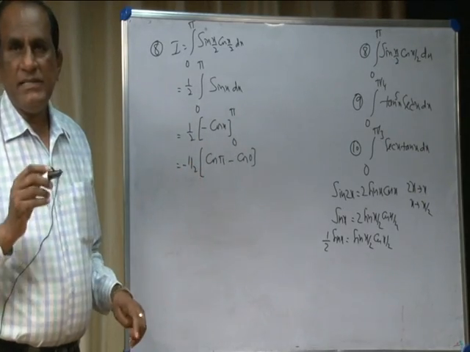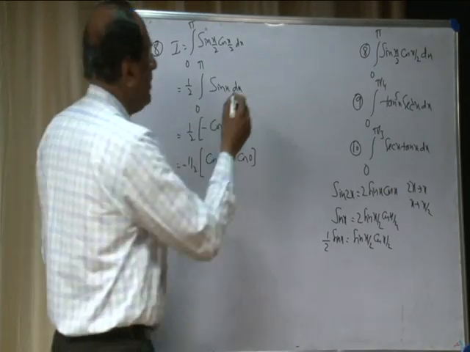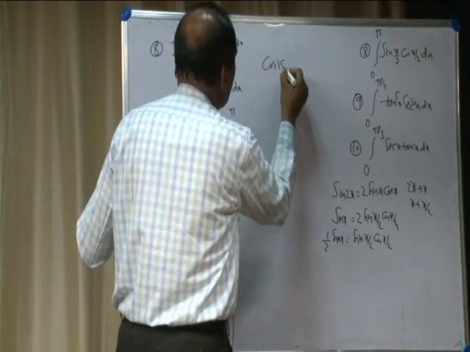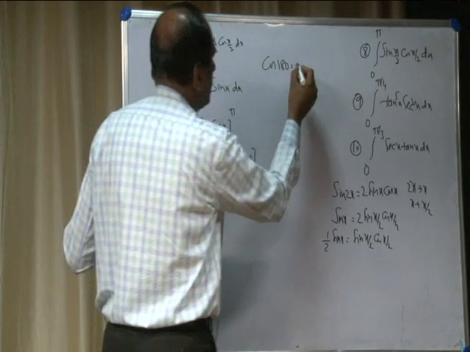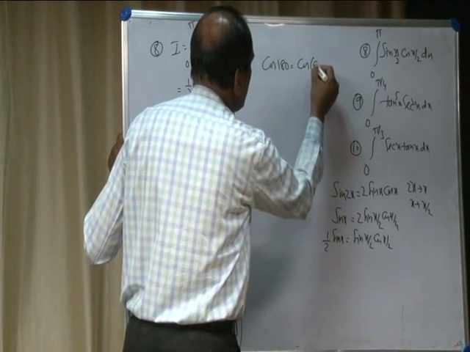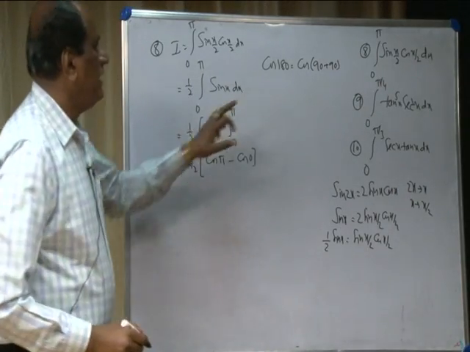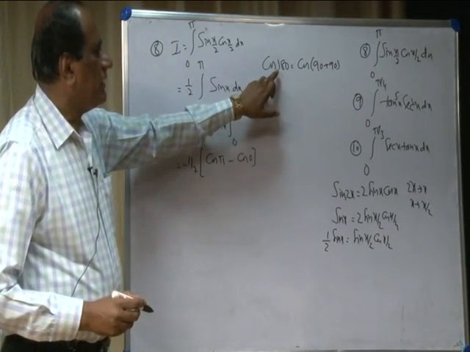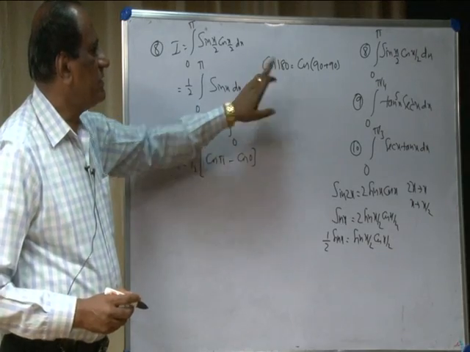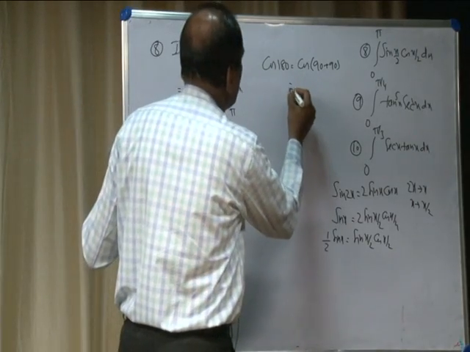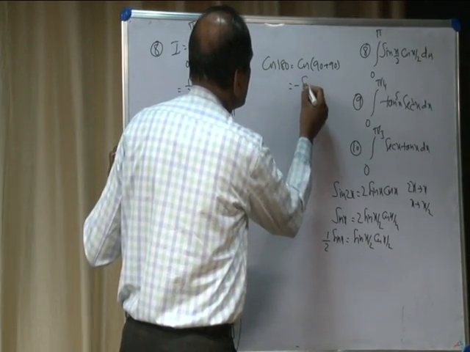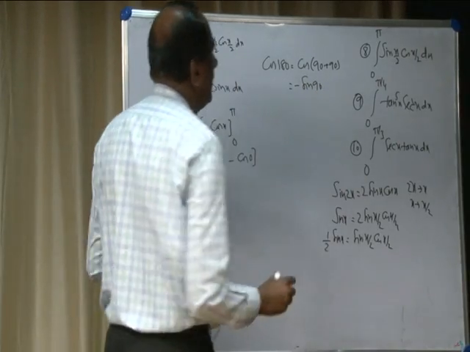Cos pi, what is the value of cos pi? See here, pi means 180 degree. Using the allied angle property we can write cos of 90 plus 90. 180 degree is in the second or third quadrant where the cos function is negative, therefore, it is minus, and cos changes to sin 90.